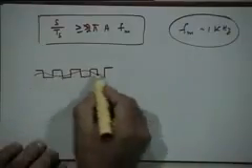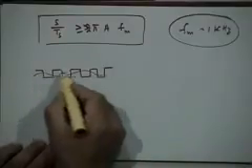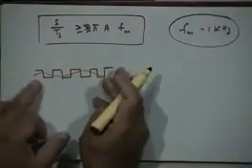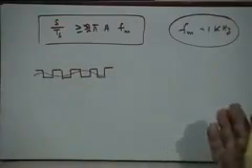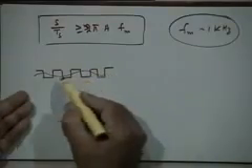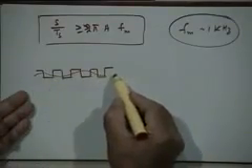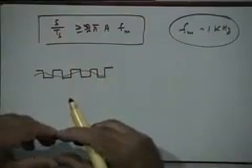Now when you pass this through a low pass filter, what will you get? You will get a constant value. The average value of these positive and negative steps, which is what a low pass filter will produce, will be a constant value, and you will not be able to track these variations again. So very small amplitude variations also will get killed if your step size is too large.